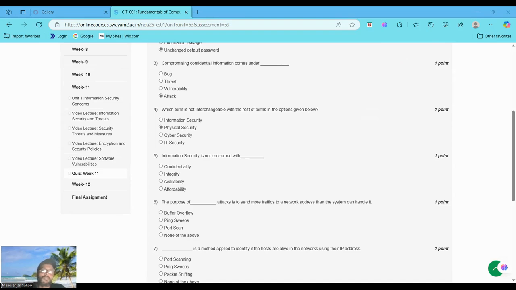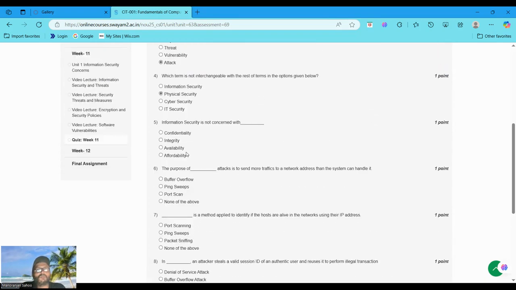But physical security refers to protecting physical assets, that is hardware and facilities, and is not directly interchangeable with the others. That's why we choose option B, physical security.